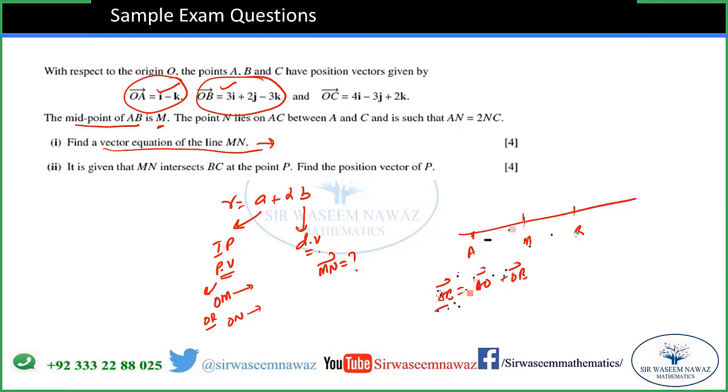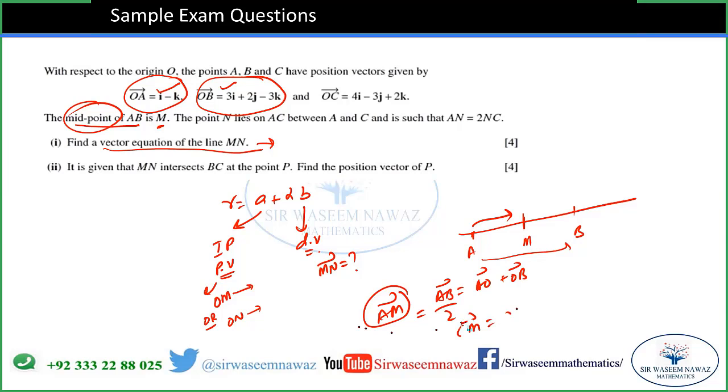And if you take half of it, what will you get? This will be your AM vector. When you find AB and make it half, then it is a midpoint, so you get the vector AM. Now, what will be your OM? Your OM will be OA plus AM. This is your OA, this is your AM, and you will get the vector OM, which will become your position vector, right?